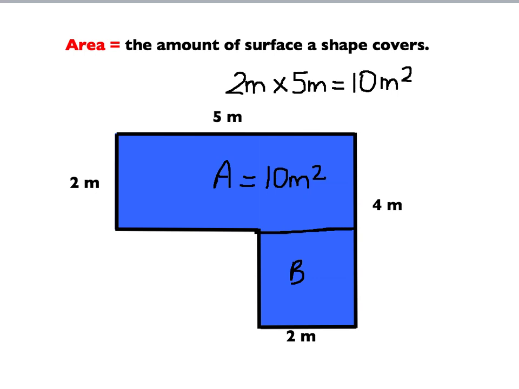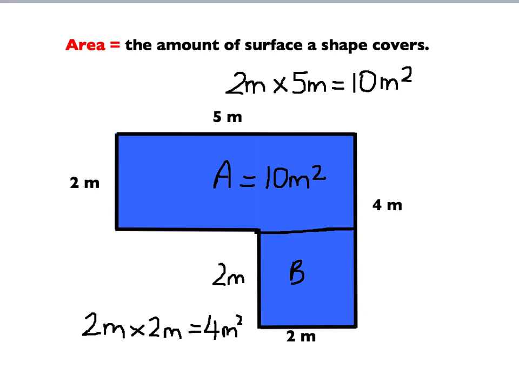I now need to work out the area of shape B. And to do this, I need to work out the missing measurement first. Using what I know already, this measurement here is 4 metres and this line is 2 metres, so this has got to equal 2 metres. So to work out the area of shape B, I'm going to multiply my 2 metres by 2 metres. 2 metres times 2 metres gives me an area of 4 metres squared.